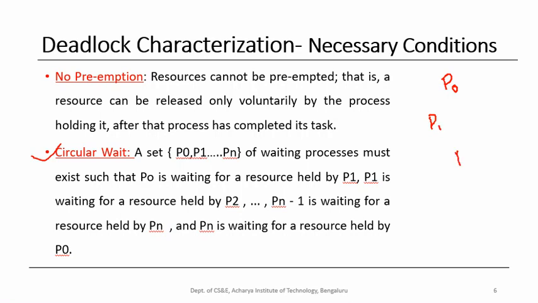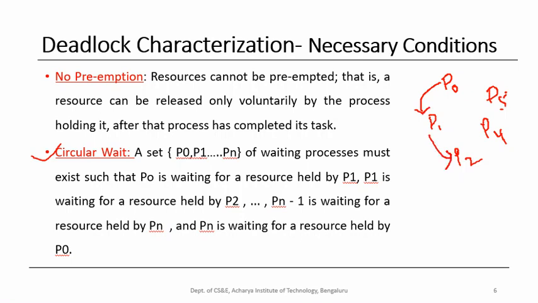In that problem we had considered five dining philosophers, and all of them use the chopsticks kept to the left and right of them to eat. Now P0 holds a chopstick and waits for a chopstick which is being held by P1.